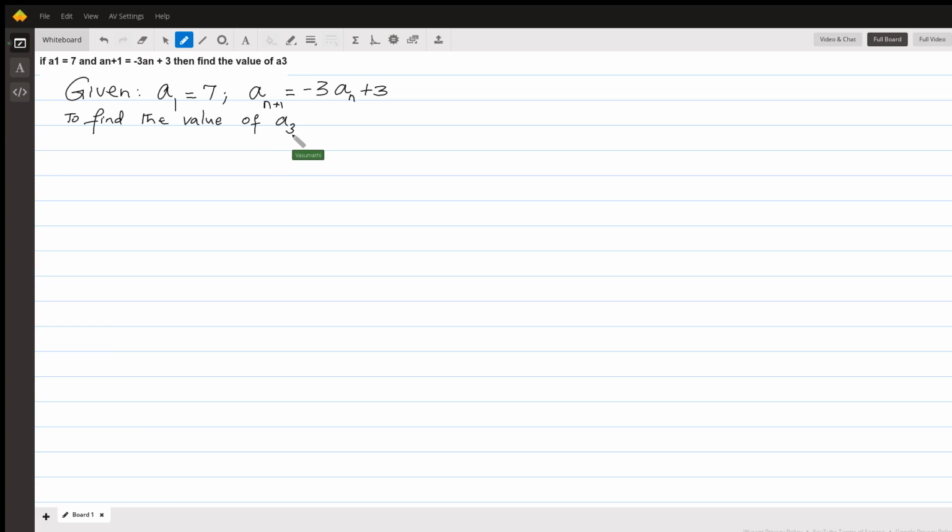So A sub 3 actually will be your A sub n plus 1 here. So let's substitute in the formula. We're going to use this formula for the sequence.